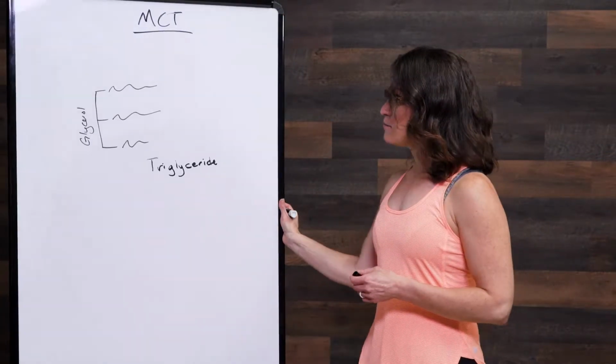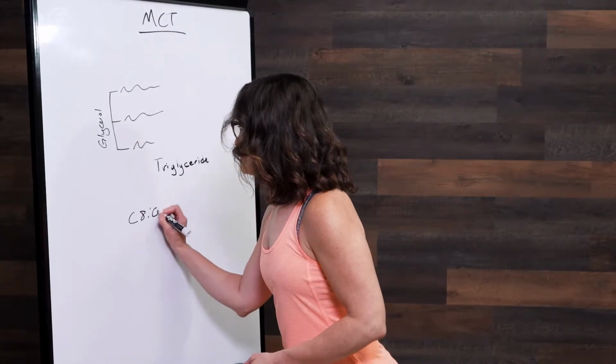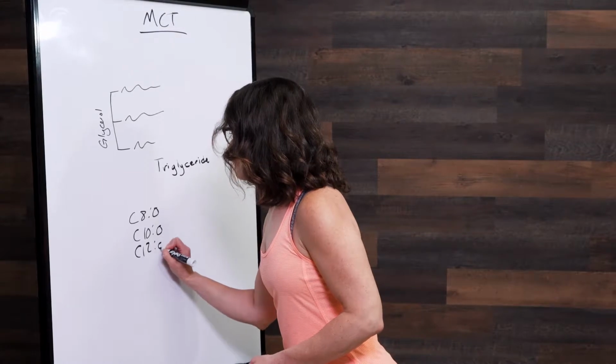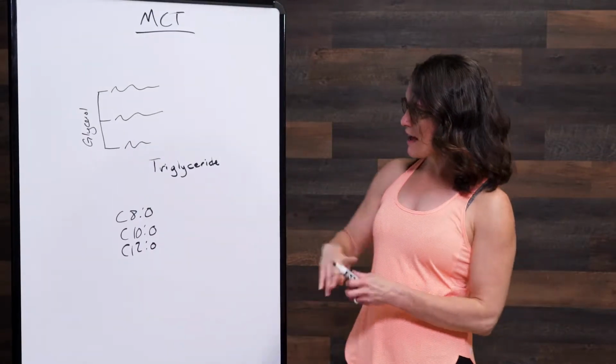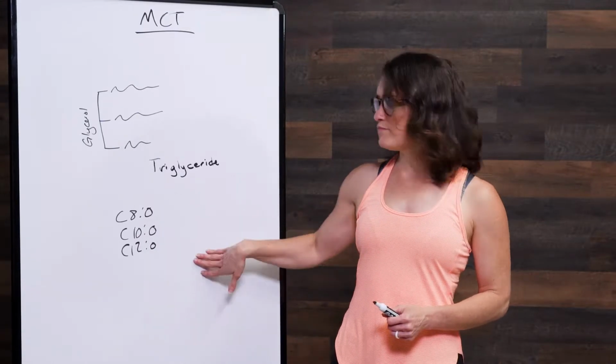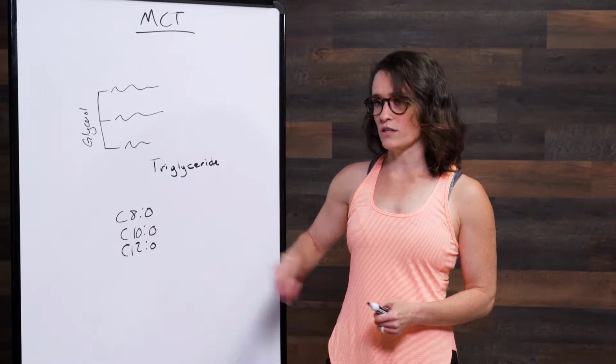The actual medium chain fatty acids are C8, C10, and C12. I've written them like that, with this 0, which has to do with the saturation factor. Ignore that; you can just know C8, C10, and C12. These are our medium chain triglycerides.